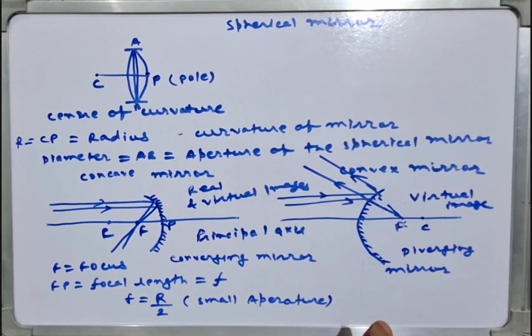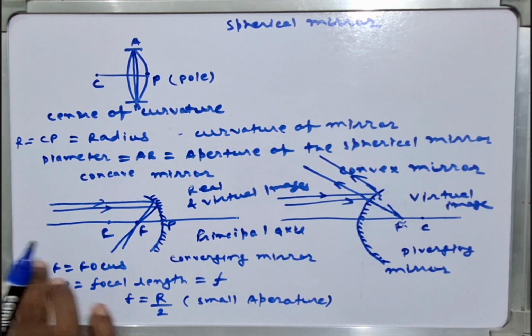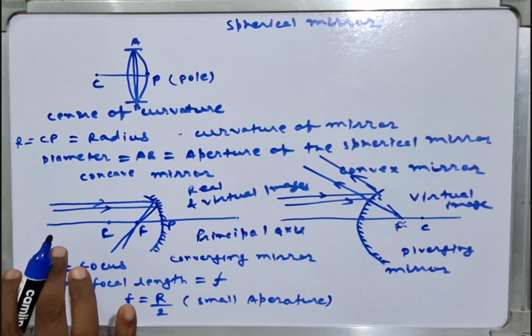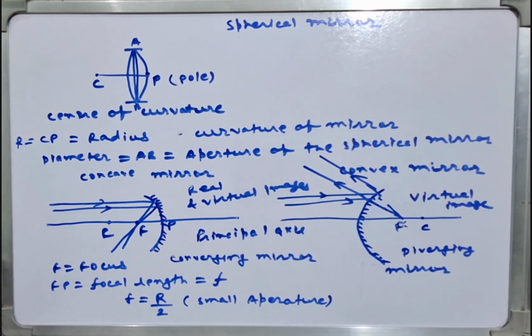Okay, so guys, how image formation is done in a mirror with various object distances from the pole, we will discuss in the next lecture.